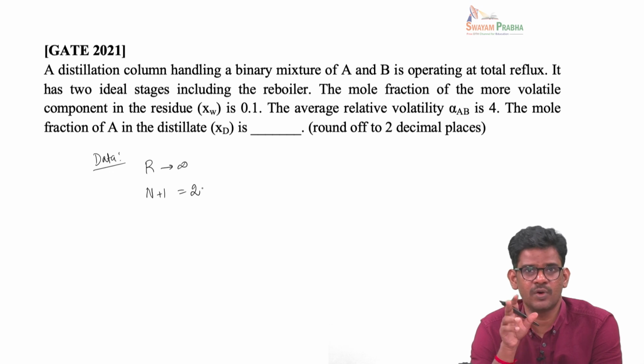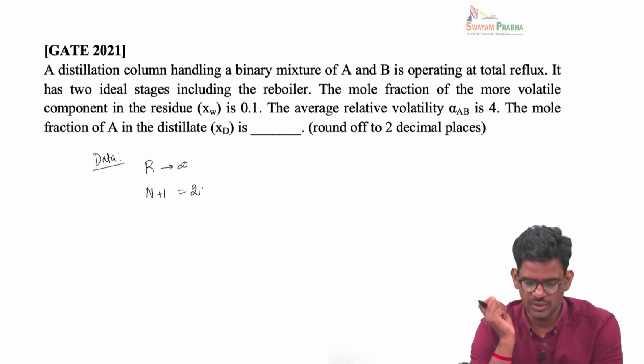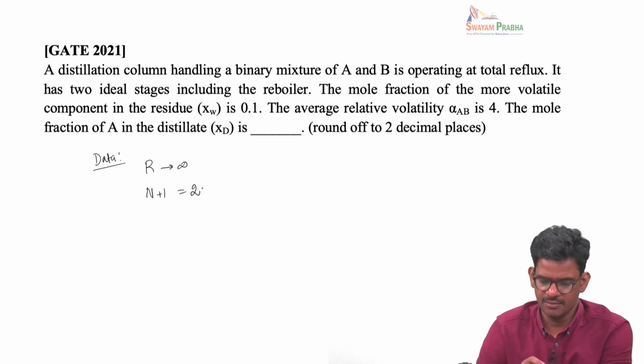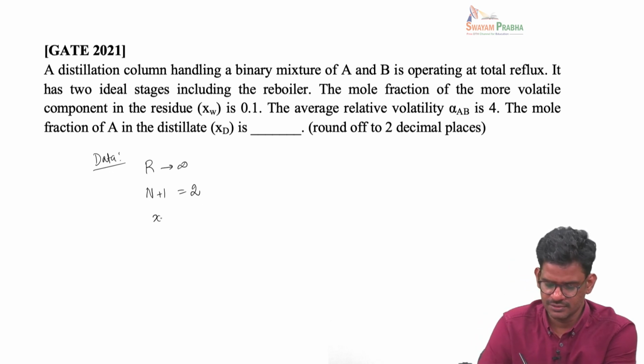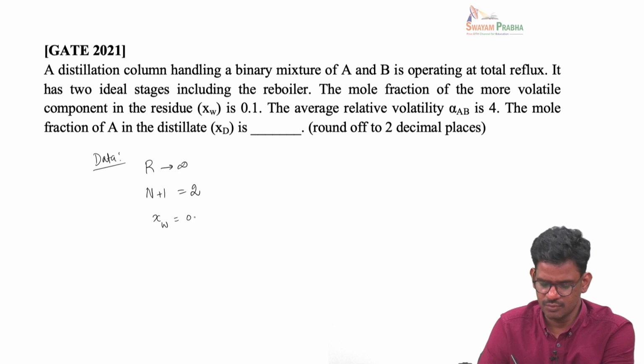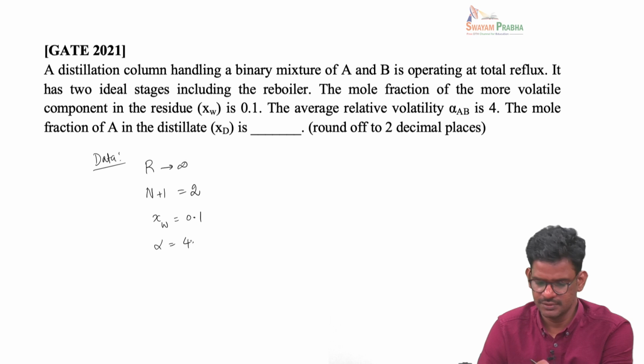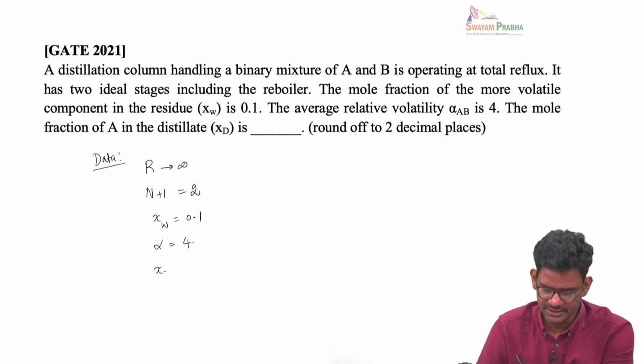So, actually there is only one single plate and then one reboiler, together it is two ideal stages, and the mole fraction in the residue XW is 0.1 and alpha is 4, and we need to find what is in the distillate, that is XD, this is to be found.